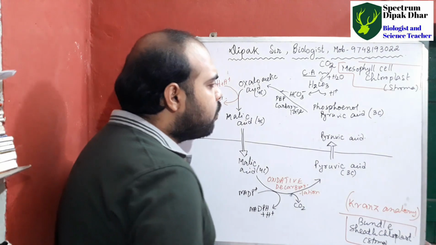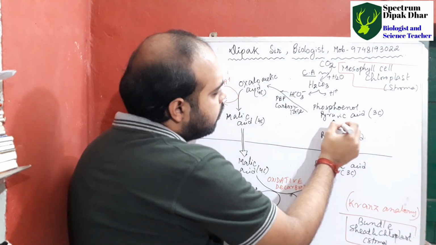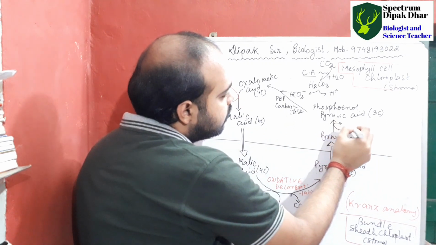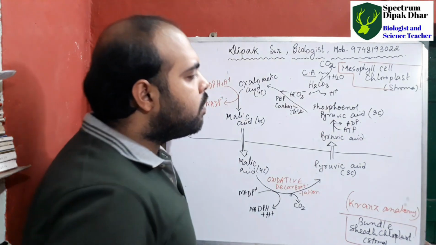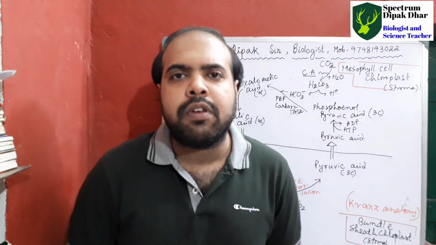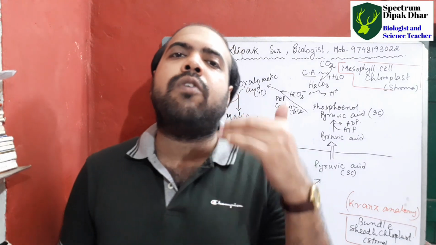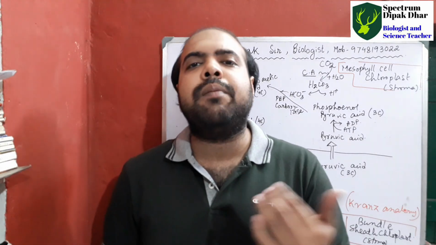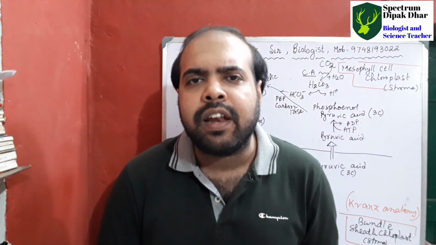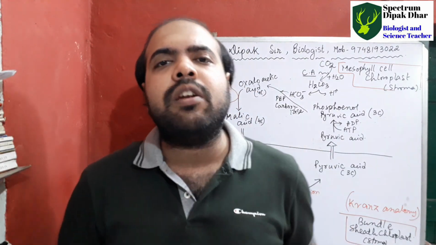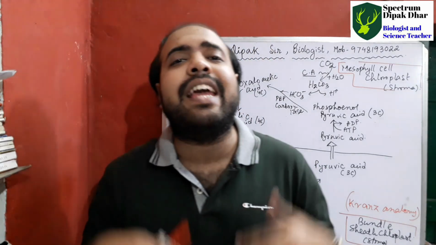So the pyruvic acid will be phosphorylated by ATP. ATP is the donor of the phosphate, and it will be phosphorylated to form phosphoenol pyruvic acid, and ATP will be changed into ADP. So as a result, you can see that the starting point of the process, that is the phosphoenol pyruvic acid, is again forming.